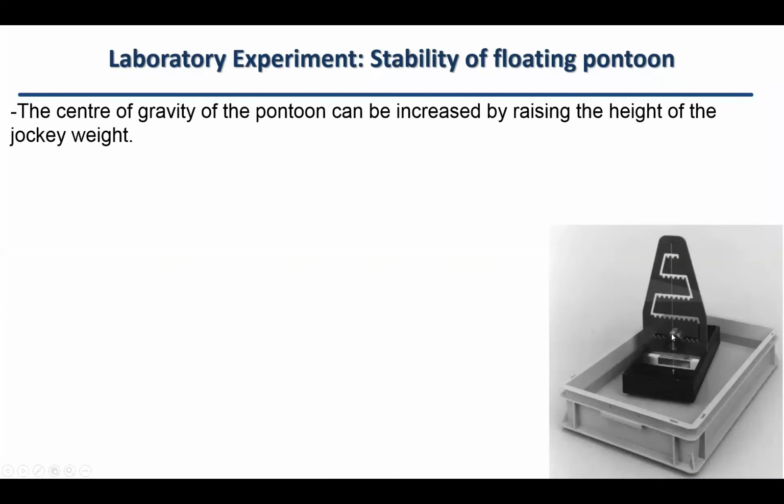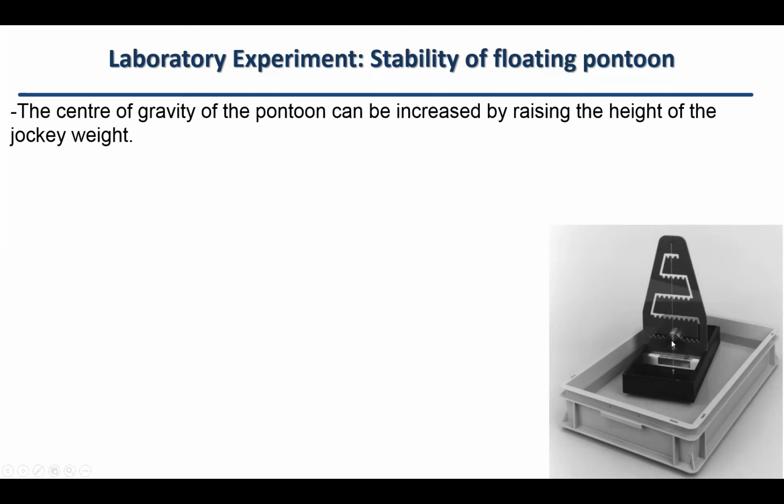The center of gravity of the pontoon can be changed if you raise the height of the jockey weight. The center of gravity can change from somewhere to something lower. We have rows, 1, 2, 3, 4, 5, in the vertical heights from the bottom.